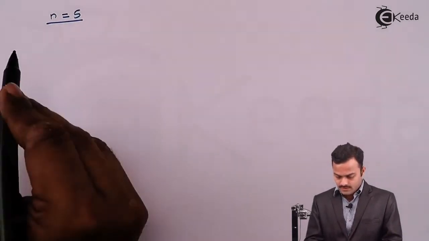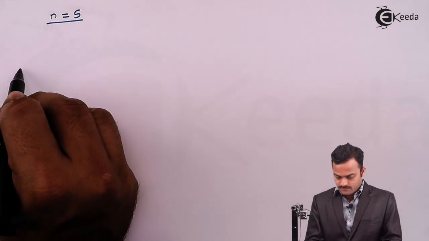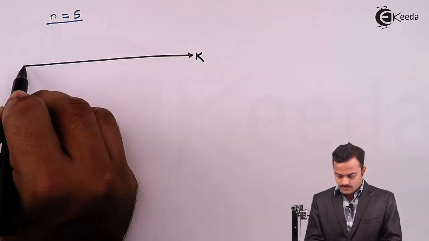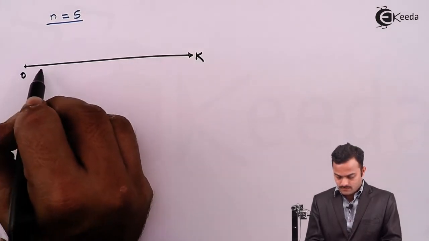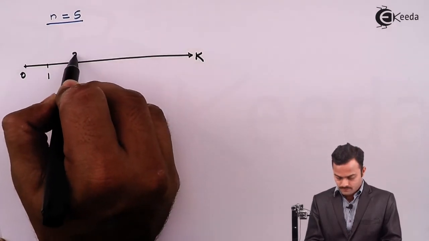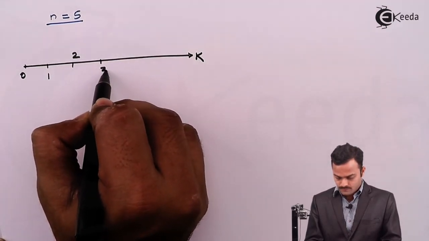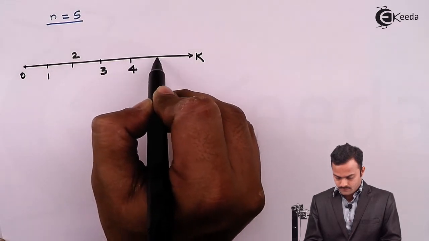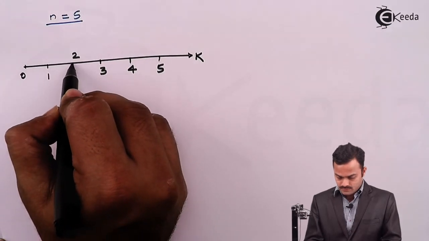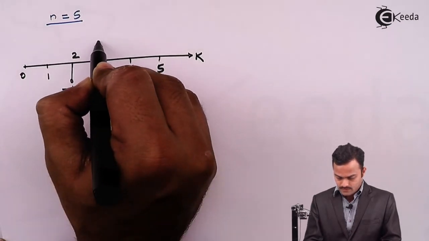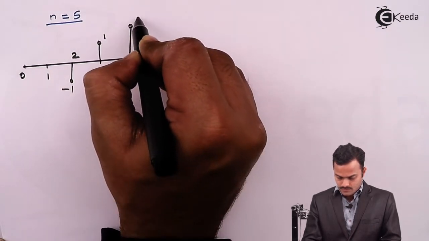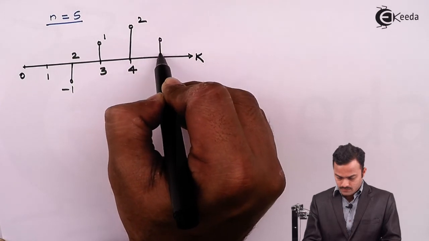So for n equal to 5, we will have the impulse response with the span from 2 to 5, with the values -1, 1, 2 and 1.